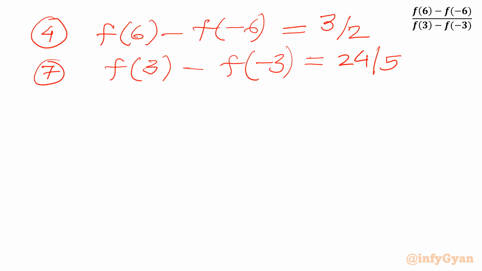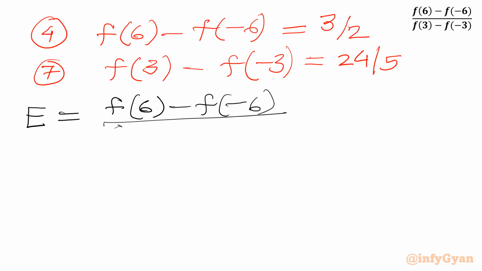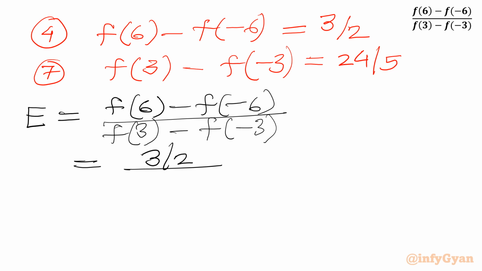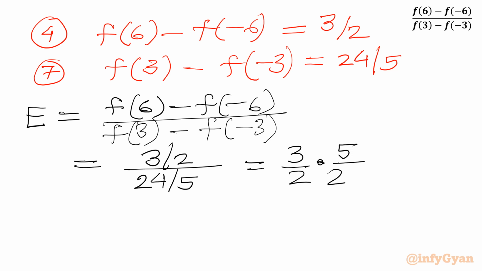Now we will calculate our required expression. I will divide equation 4 by equation 7. So (f(6) − f(−6)) / (f(3) − f(−3)) will be equal to (3/2) / (24/5), or we can write 3/2 times 5/24.